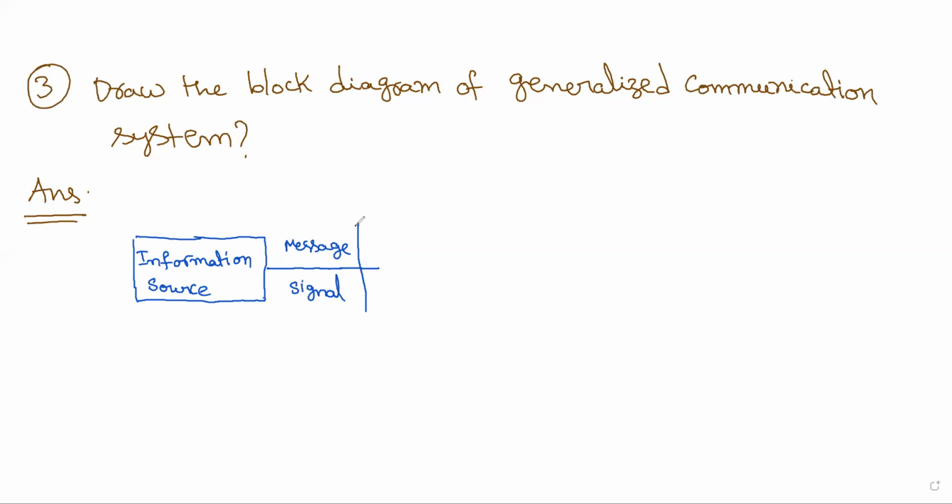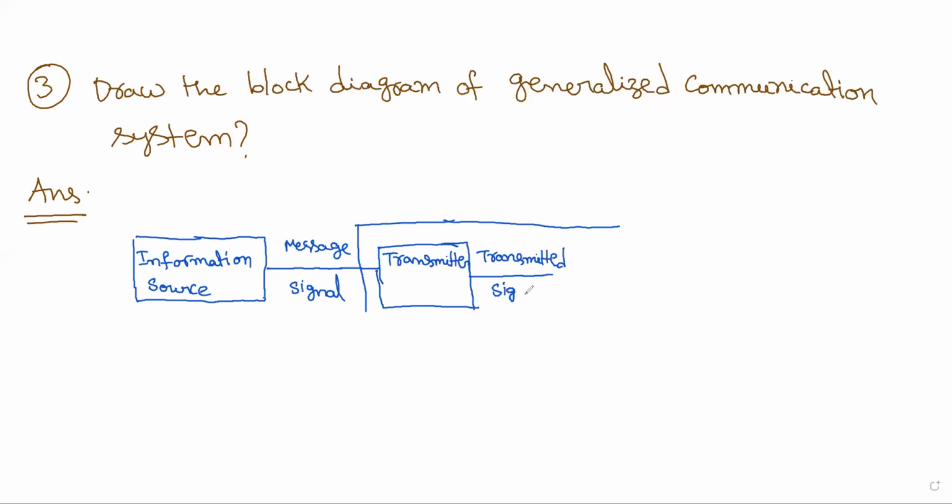Now at this place you have a transmitter. The transmitter produces a transmitted signal. It will produce a signal and it will be transmitted. This is what it does.